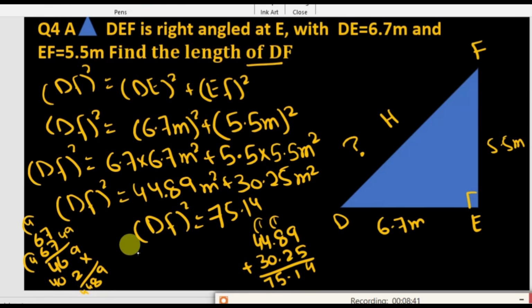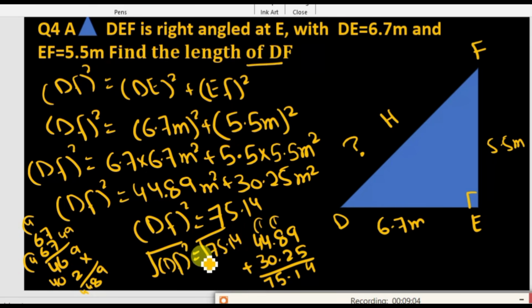Now apply the square root, because we have to find the value of DF, not DF square. Students, listen: not DF square. DF square is equal to 75.14.